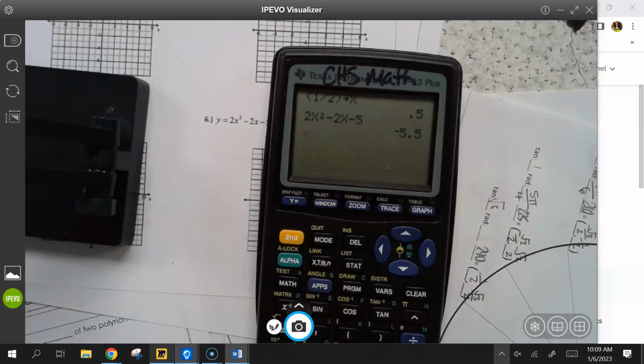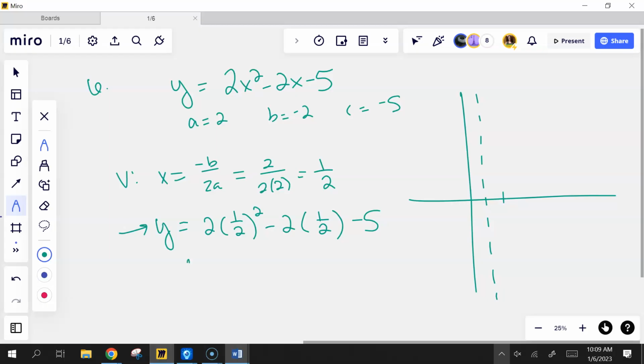A lot quicker probably than if you did it by hand, right? A lot more accurate also. If I need it to be a fraction, what do I do? Does that make sense? Thank you. -5.5. -5.5. 1, 2, 3, 4, 5.5.